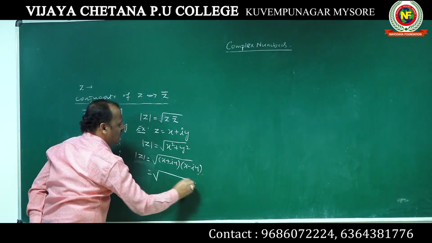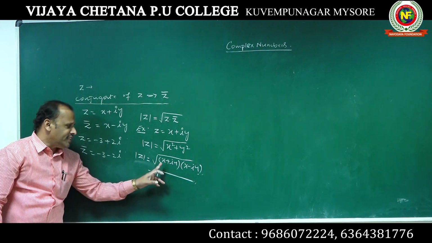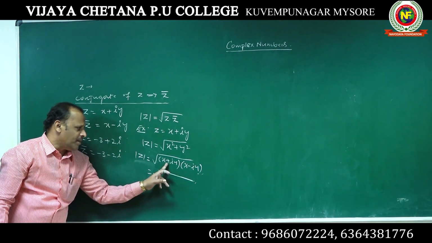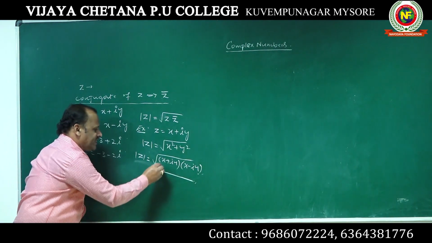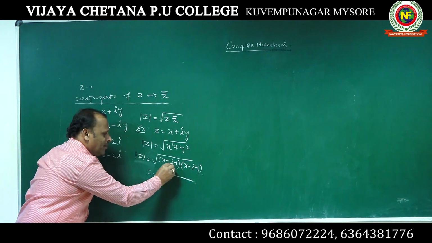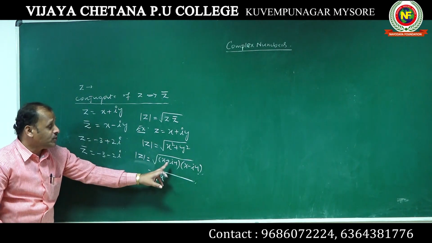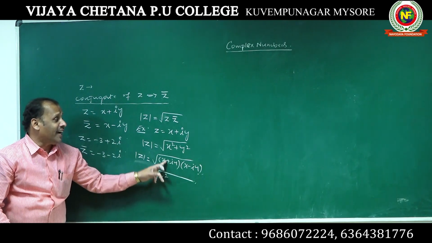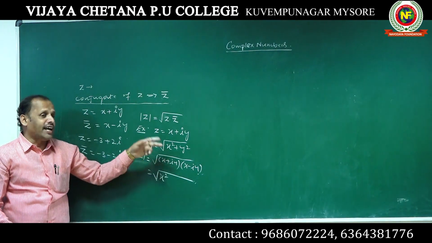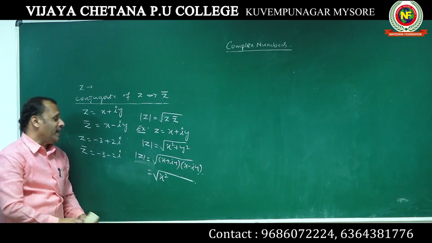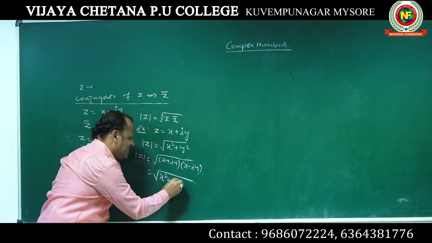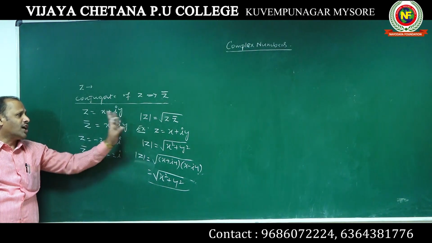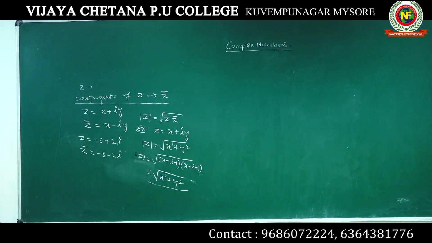It is in the form of a plus b into a minus b, which is a square minus b square. Minus b square means minus i square y square. Minus i square means minus 1. Minus of minus is plus. This is y square. So this is the modulus of the complex number.